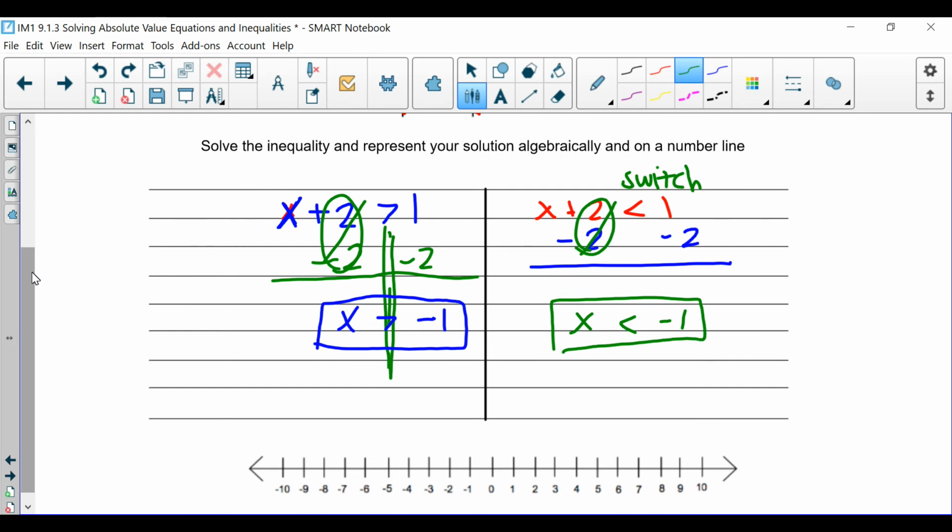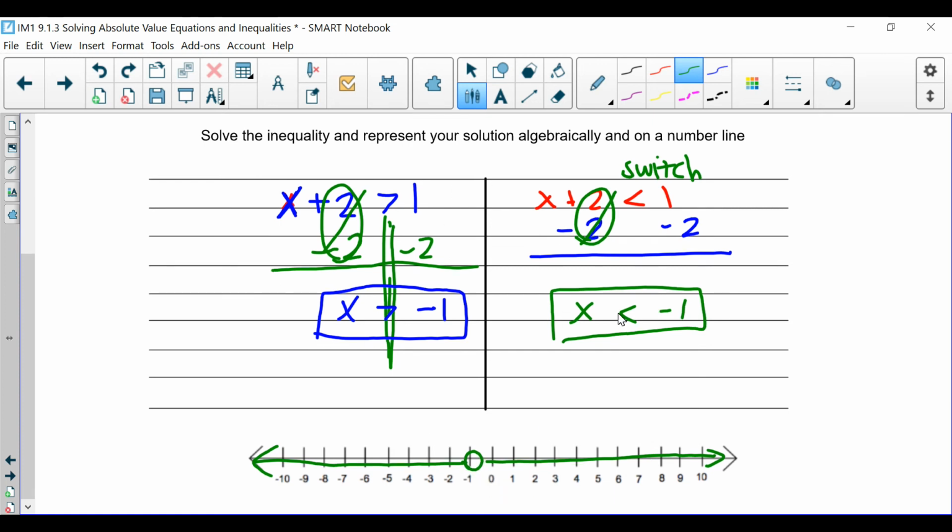So it says x is greater than -1, which is here. I'm going to circle that. Oh, I circled 1. Meant to circle -1 here. X is greater than -1, but it's also less than -1. So that just means that it could be anything as long as it's not equal to -1, we're okay.